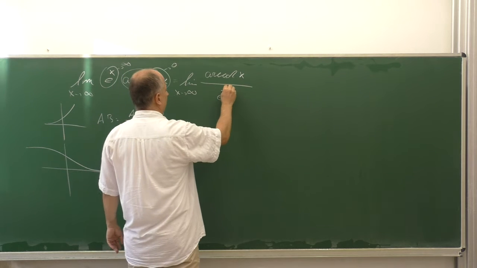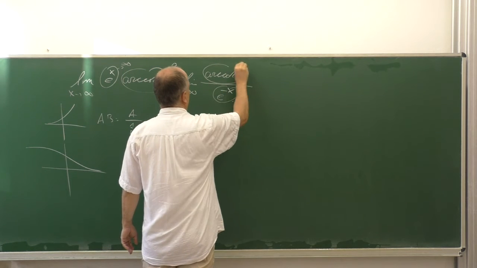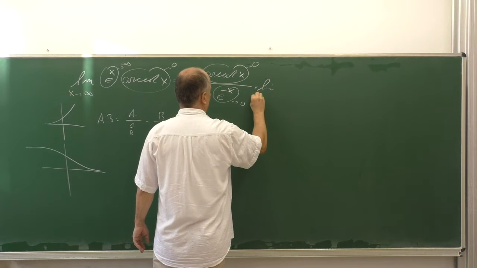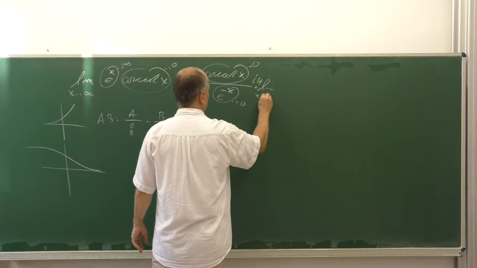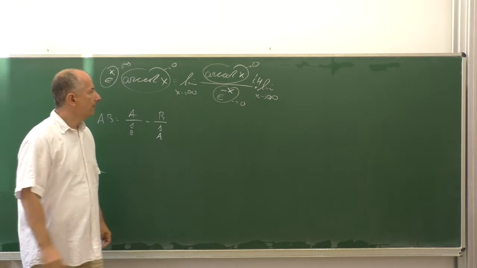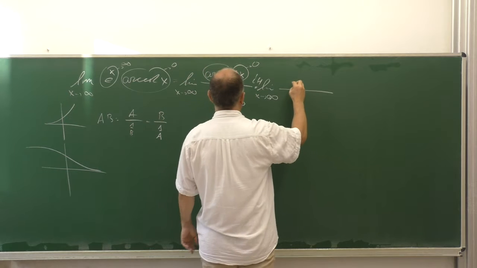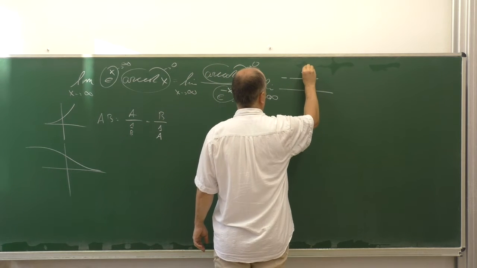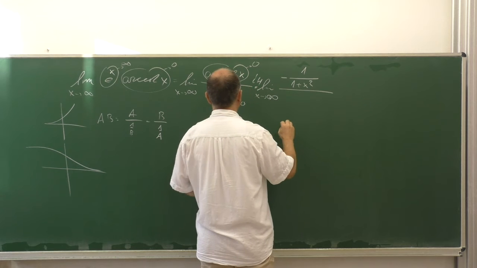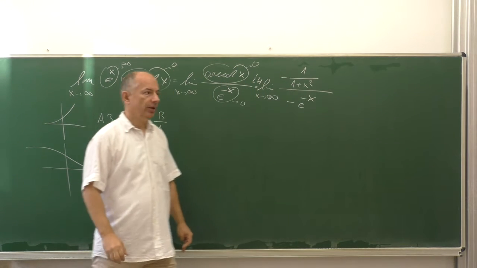And now, if x goes to infinity, this goes to 0, this goes to 0, and we can try L'Hopital's rule. When differentiating arc cotangent, we get minus 1 over 1 plus x squared, and when differentiating e to minus x, we have minus e to minus x.